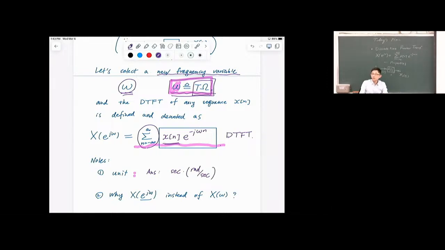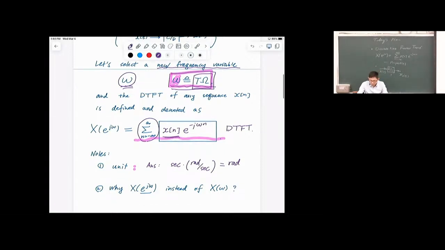You can plug in numbers, for example a sampling period of 25 microseconds. Then small omega has the unit of second times radian per second, so it turns out that it has a unit of radian. Small omega has a unit of radian.